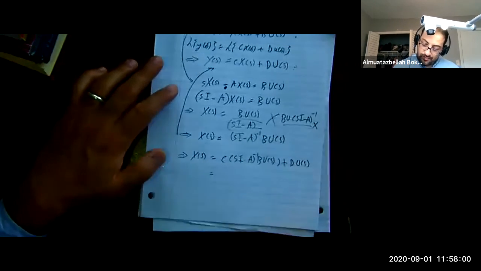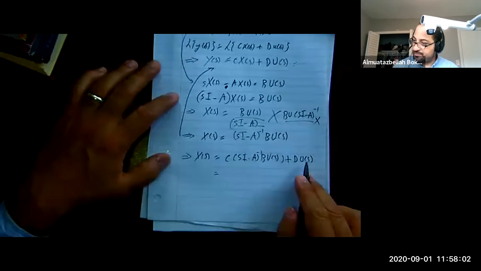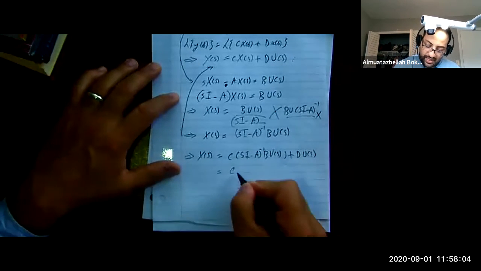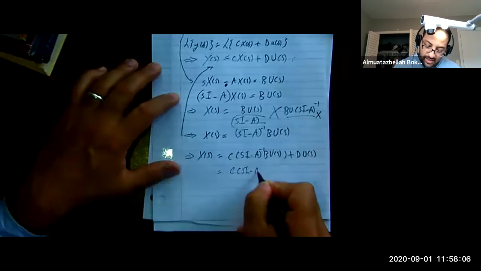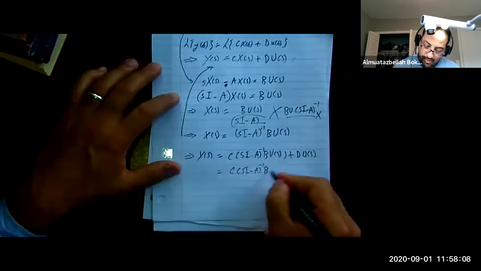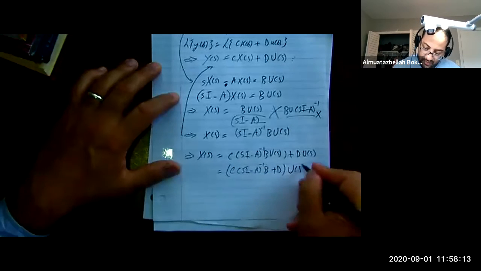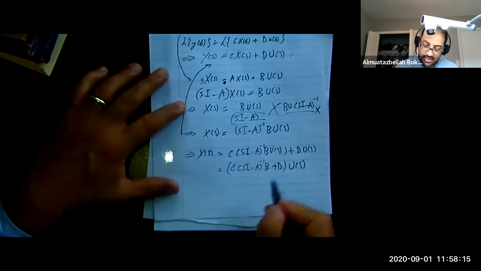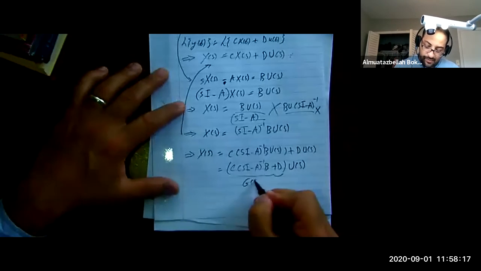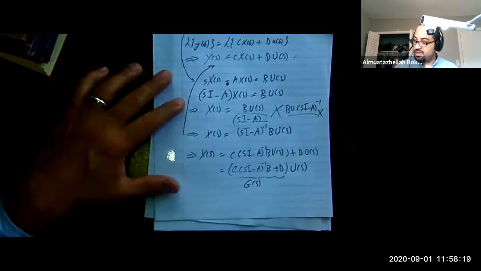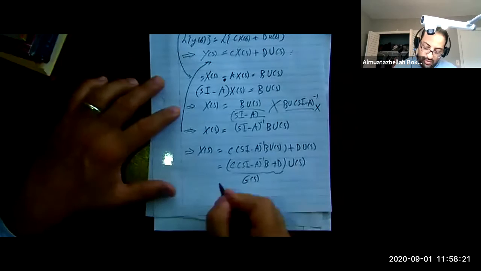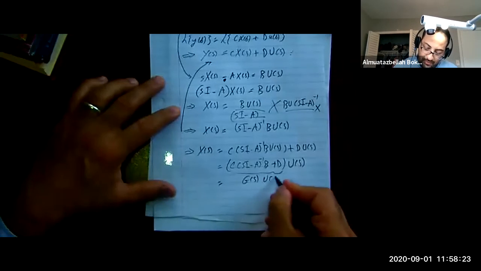Now take U as a common factor. So you will have C (sI minus A) inverse B plus D, the whole thing multiplied by U of s. And that's my transfer function. So this is equal to G of s times U of s.